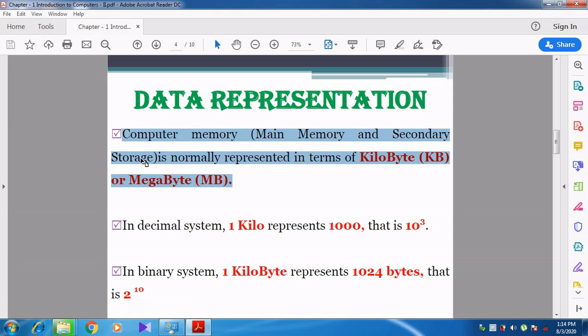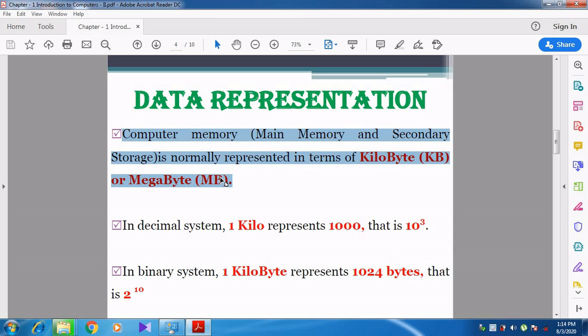Computer main memory and secondary storage are normally represented in terms of kilobytes or megabytes. Now most of us are not using kilobytes and megabytes. Whenever you go for a computer, we ask for GB, or some go for TB, a 1 TB hard disk.